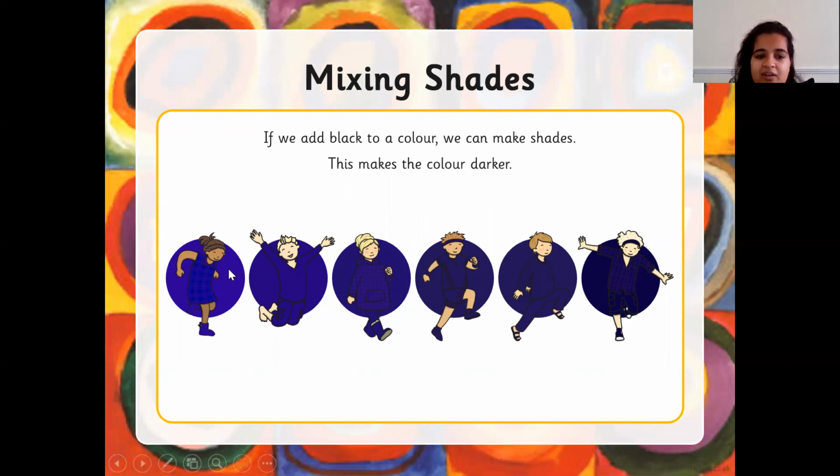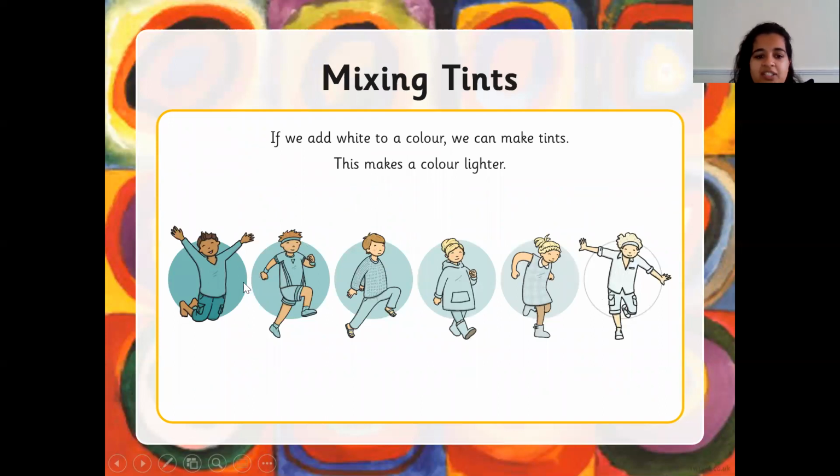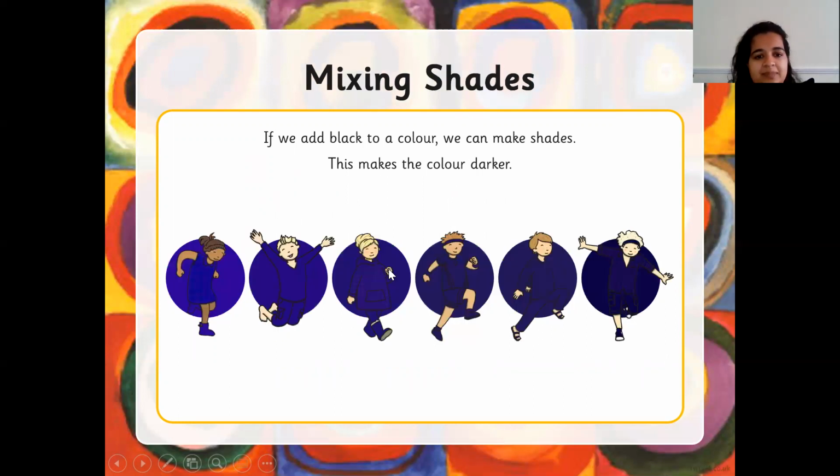So we're looking at the color over here. You've got a blue, you're mixing black into it, and it gets darker and darker. And if you mix white into it, it gets lighter and lighter. So when you add white to a color, you make tints. If you add black to the color, you make shades.